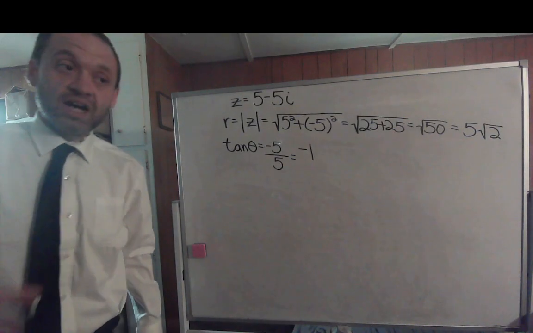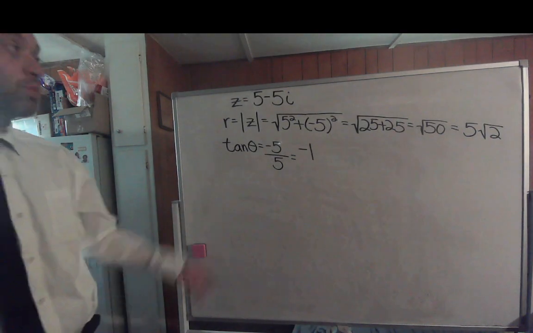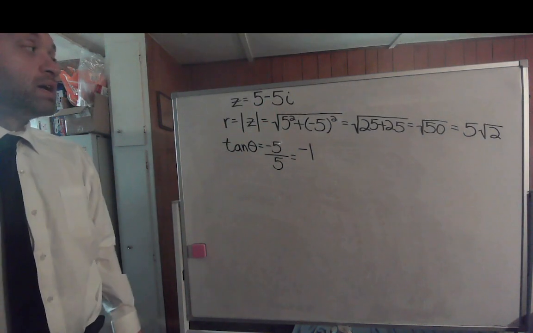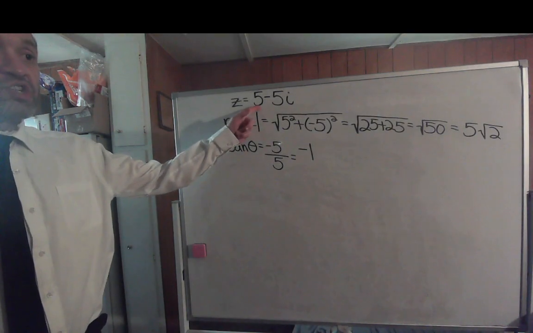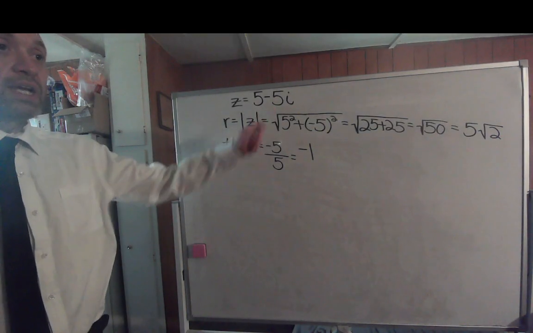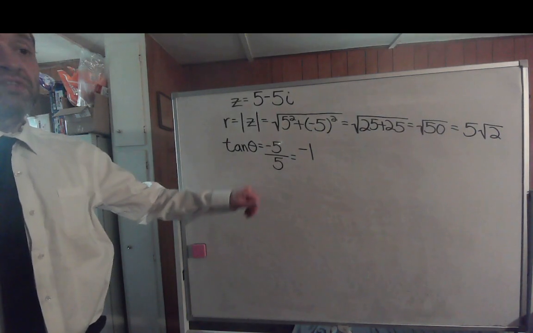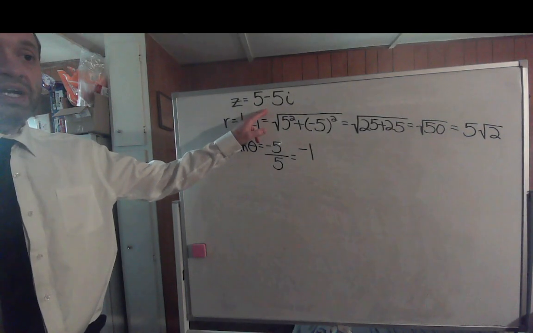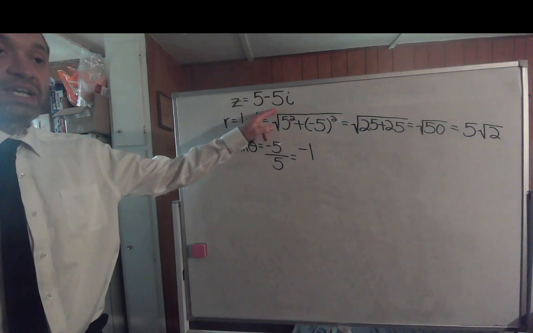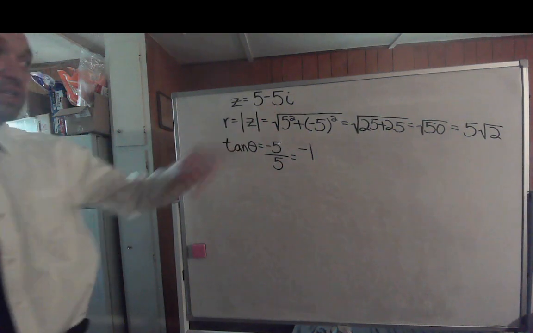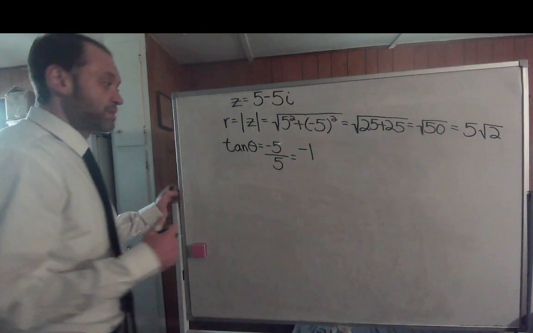Though this is the complex plane we're dealing with, it works very similar to the normal real plane. Your a coefficient is positive, your b coefficient is going to be negative. So think of it like your x number is positive, your y number is negative. What quadrant would that put us in? That puts us in the fourth quadrant.